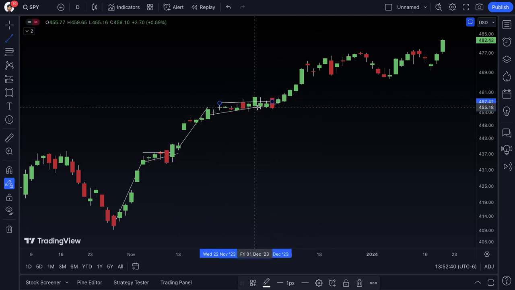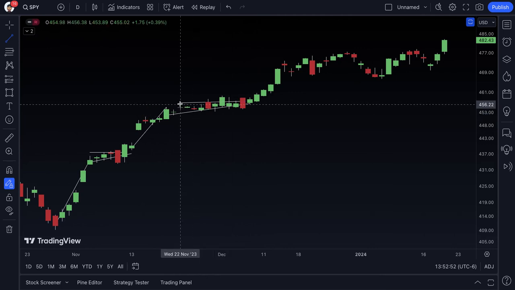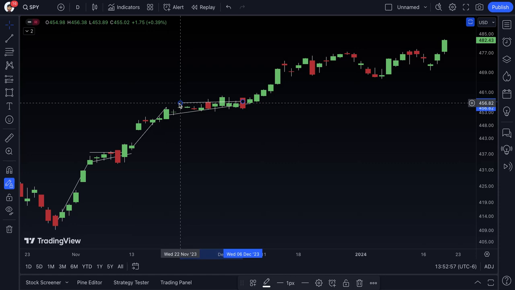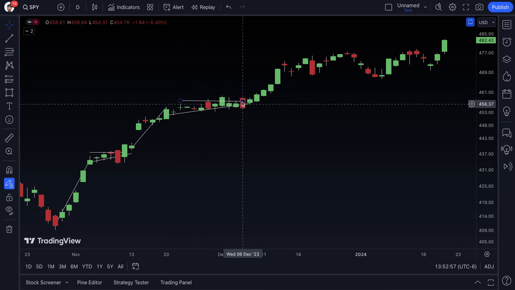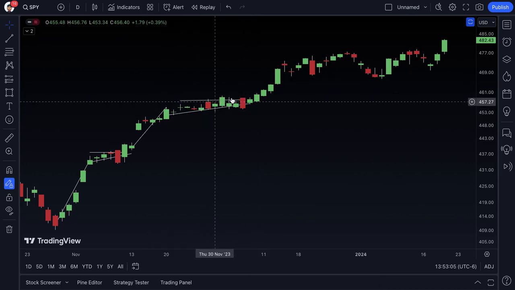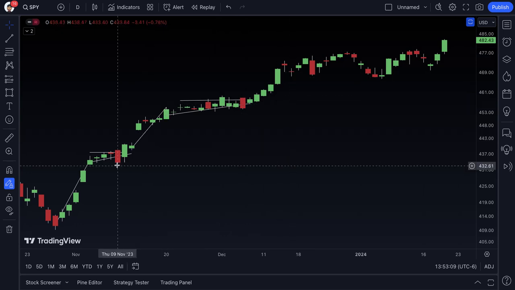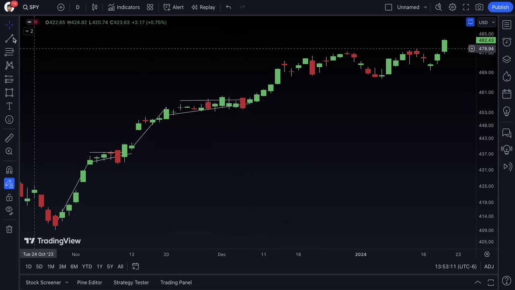You can see again consolidation inside of the structure, and I'm just kind of freestyling, so I hope this is clear for you guys. Let me adjust this a little bit so you can see just a little bit up here. You can see we had another consolidation in this range. We break down and we continue up, so you can see this is one, two. Let's check this out again.